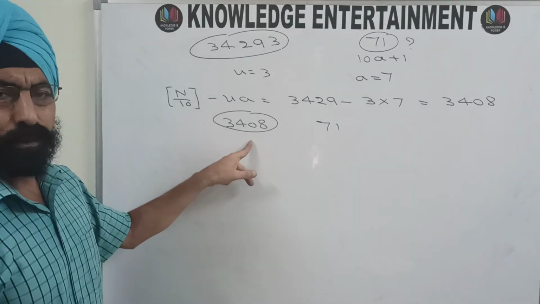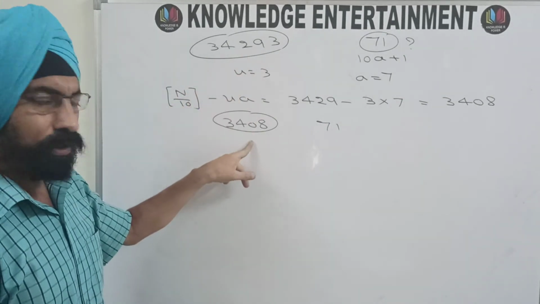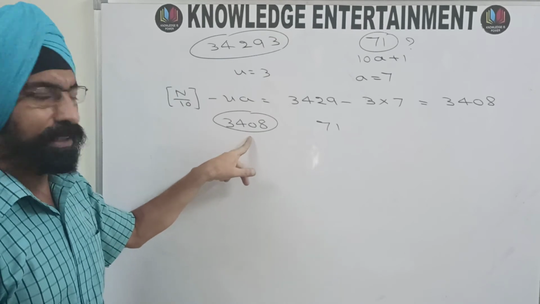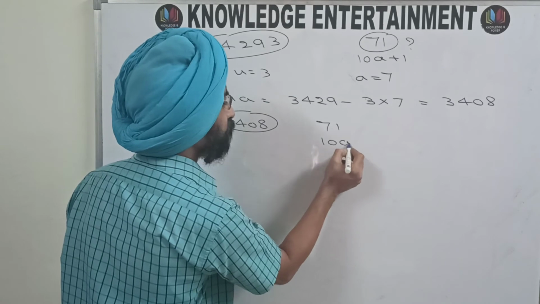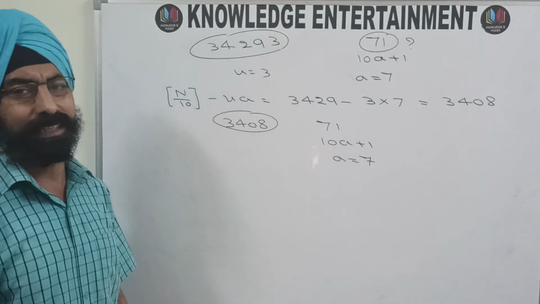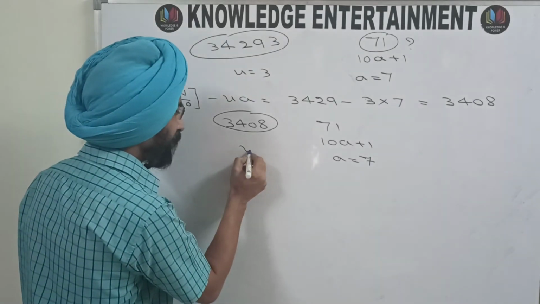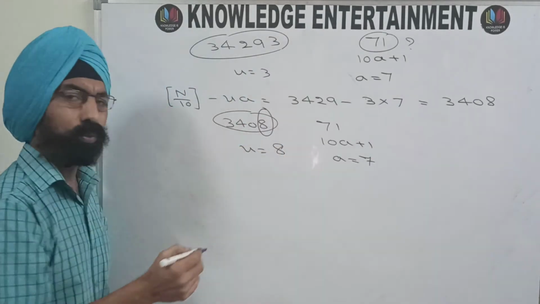Now you want to check whether this number is divisible by 71 or not. If this number is divisible by 71, this will automatically be. So the question is now whether this number is divisible by 71 or not. And this is your 10a plus 1, so that means your a is not going to change. A is 7. But your u is changed now, because the units place is 8 now.